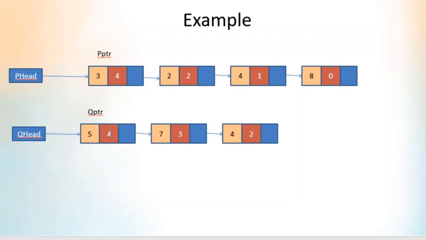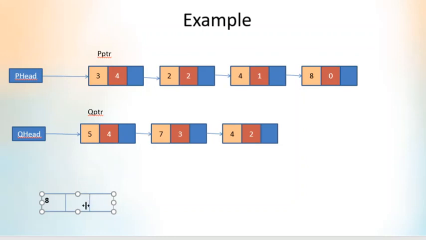So when the exponents are equal, we can add the coefficients, that is p pointer coefficient plus q pointer coefficient. So 3 plus 5 we have 8. We have to create a new node in the result polynomial, and add the term p pointer coefficient plus q pointer coefficient, that is 3 plus 5, we have 8.